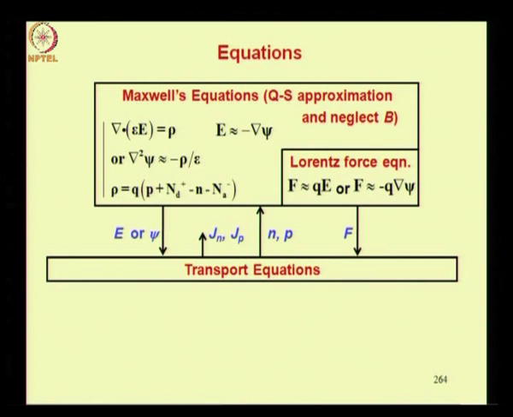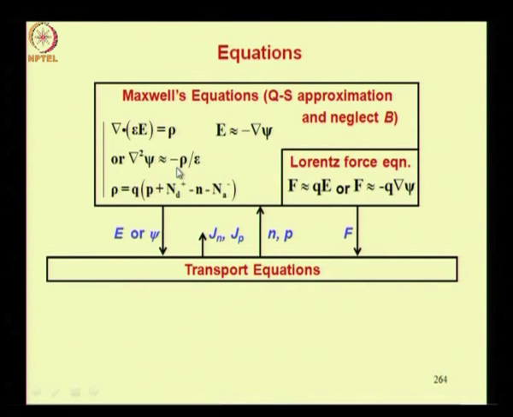Now most often we use quasi-static approximation and neglect the magnetic field. Under these conditions the 4 Maxwell's equations reduce to just 2 equations. One is the equation for electric field in terms of the scalar potential, and the other one is Gauss's law, in which if you substitute the equation for electric field in terms of scalar potential you get the Poisson's equation.